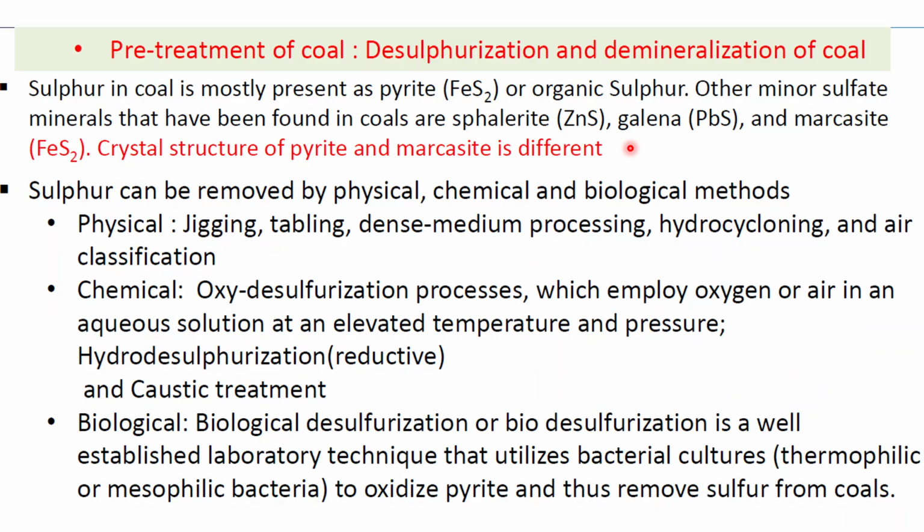Coming on to the first slide, it is about the pre-treatment of coal. As I told you in the last class as well, there are two approaches: either we modify the conventional techniques or we introduce new techniques.